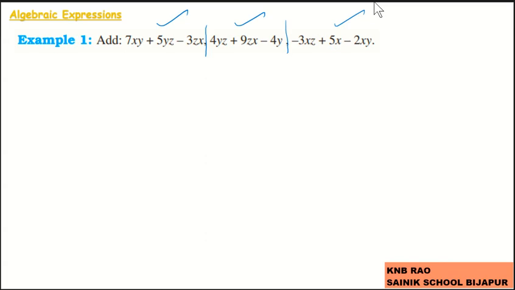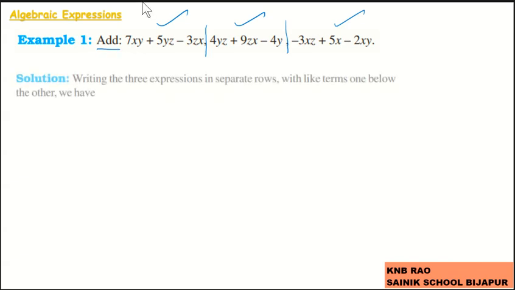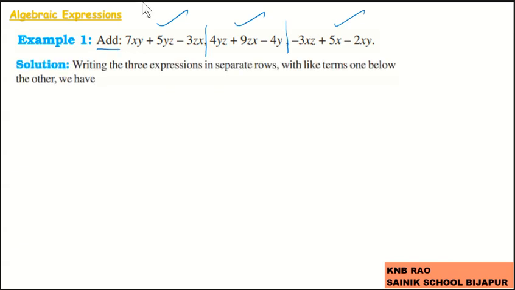Suppose you want to add them, what do we have to do? First we have to write them as three rows, with like terms one below the other. Very important, because only like terms are added.